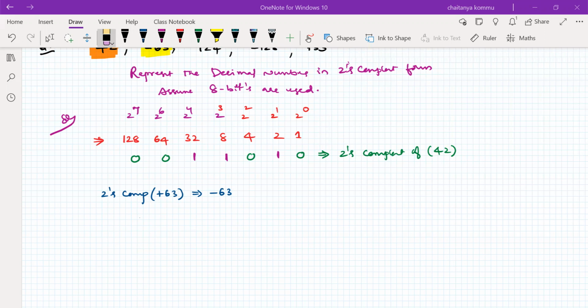I want to represent minus 63. How do I represent minus 63 is the question. Is it possible to represent 63 in this case or not?